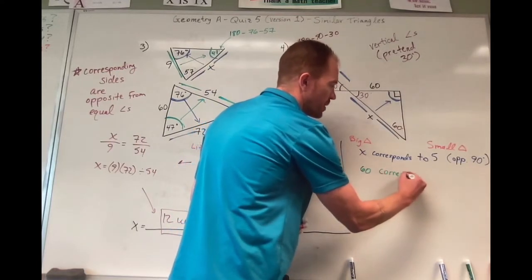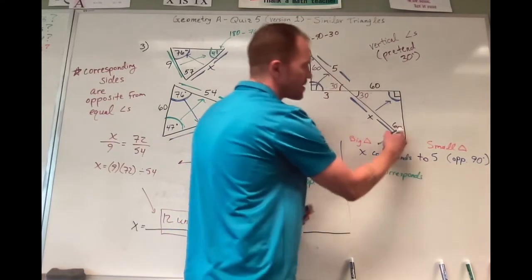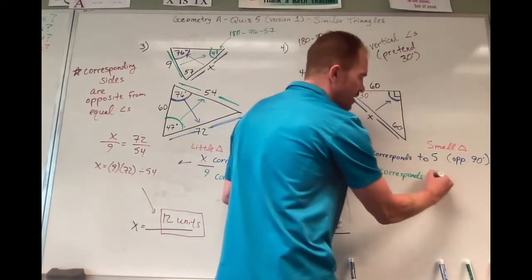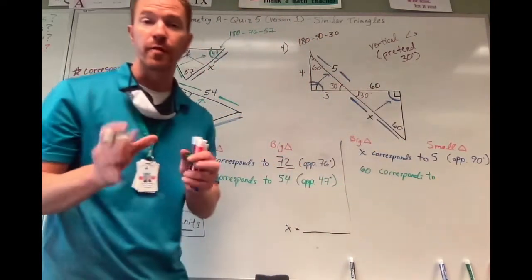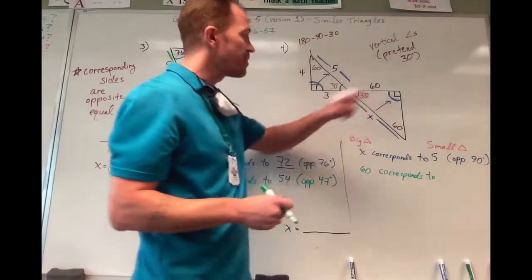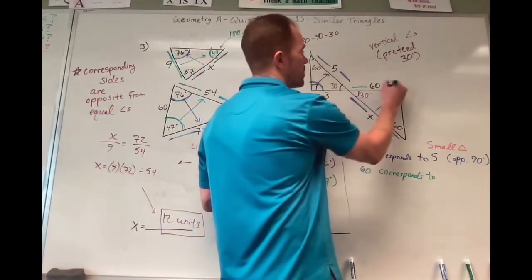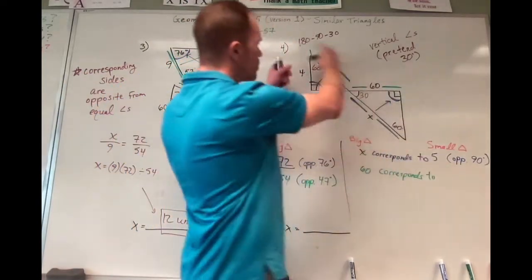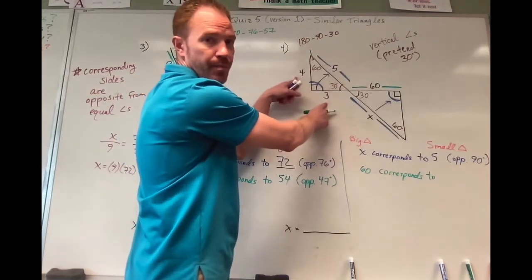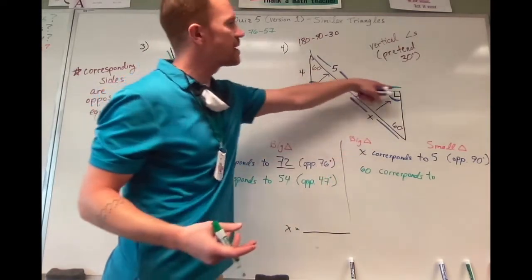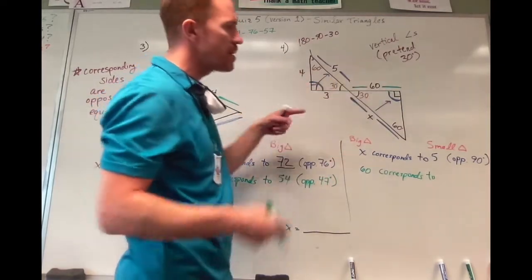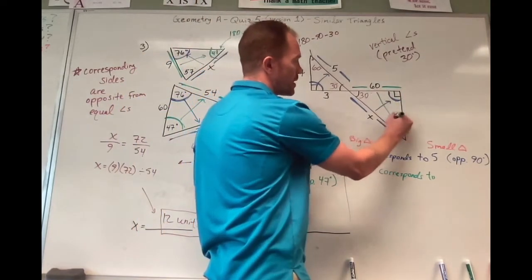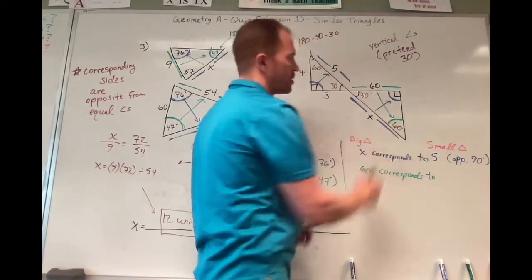I probably should have picked different angle measures, because now it's like 60 degrees and a side length of 60. Remember, the sides are different from the angles. So a side length of 60 units corresponds to either the 4 or the 3, I'm guessing. How do I know if the 60 here corresponds to the 4 or the 3? Well, we look at the angle that we're opposite from.